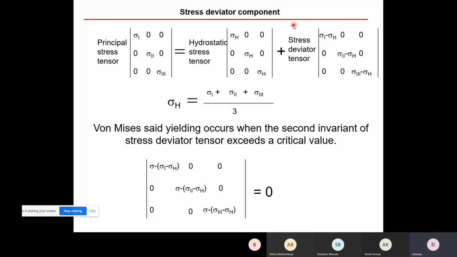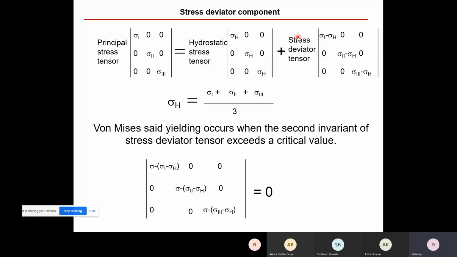Now von Mises did some more derivations, and what he tried to say is, okay, I have derived the stress deviator tensor and I consider it as a stress tensor, and I will try to calculate the principal stresses with respect to this stress deviator tensor. That means just considering that as an independent stress tensor, I will calculate the principal components of that tensor.